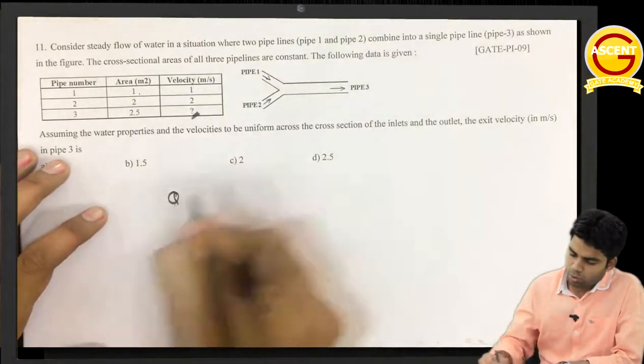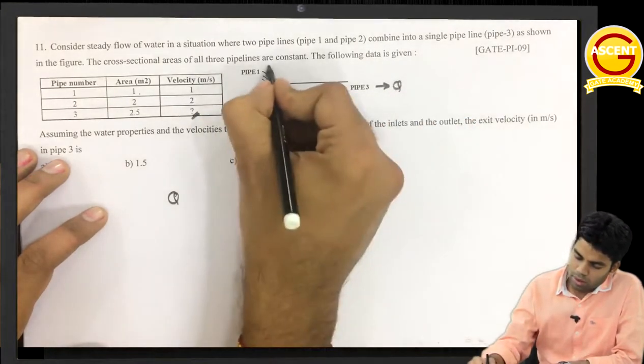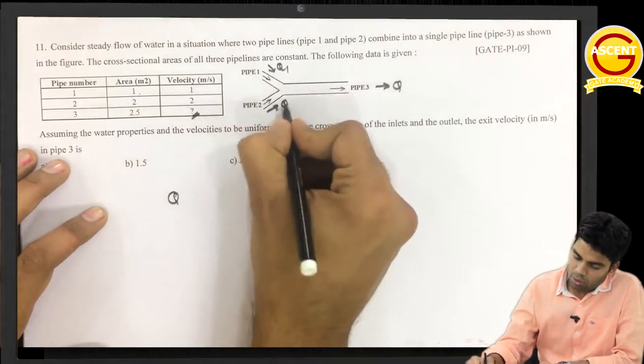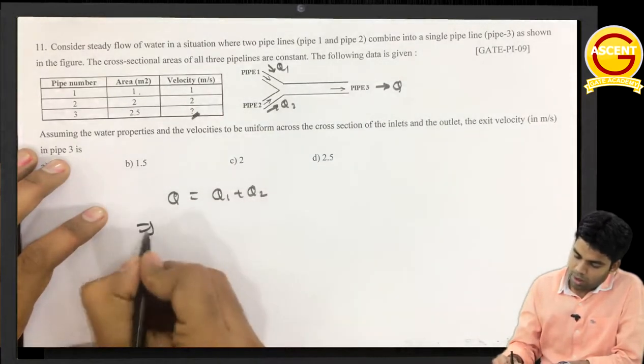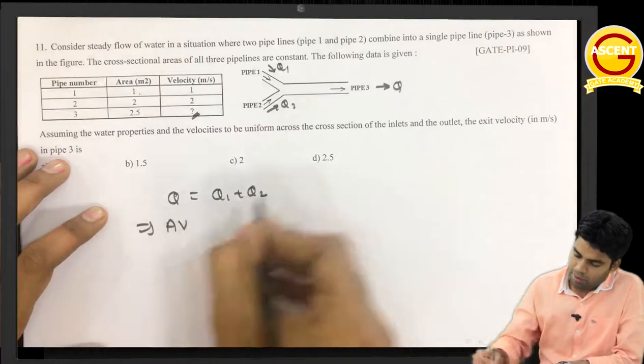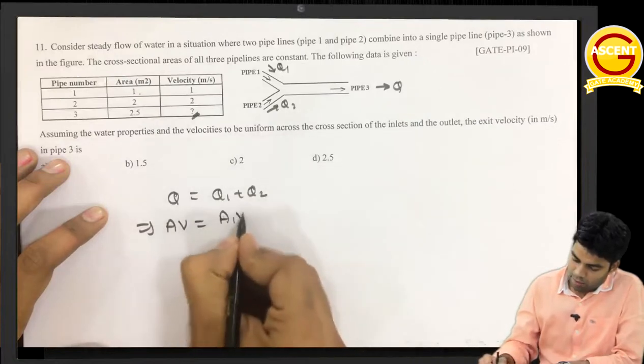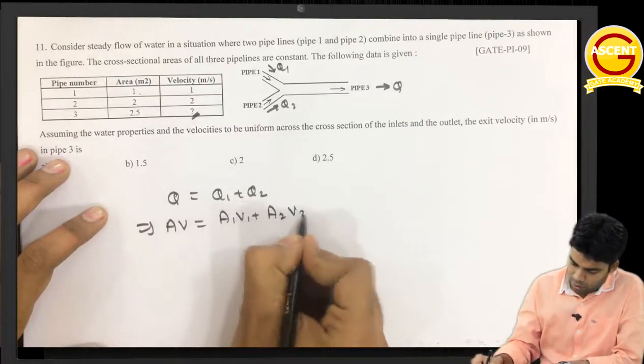How? Total Q, suppose this is Q, here it is Q1, this is Q2, so total Q is equal to Q1 plus Q2. Or you can say this capital A into capital V is equal to A1 V1 plus A2 V2, very simple.